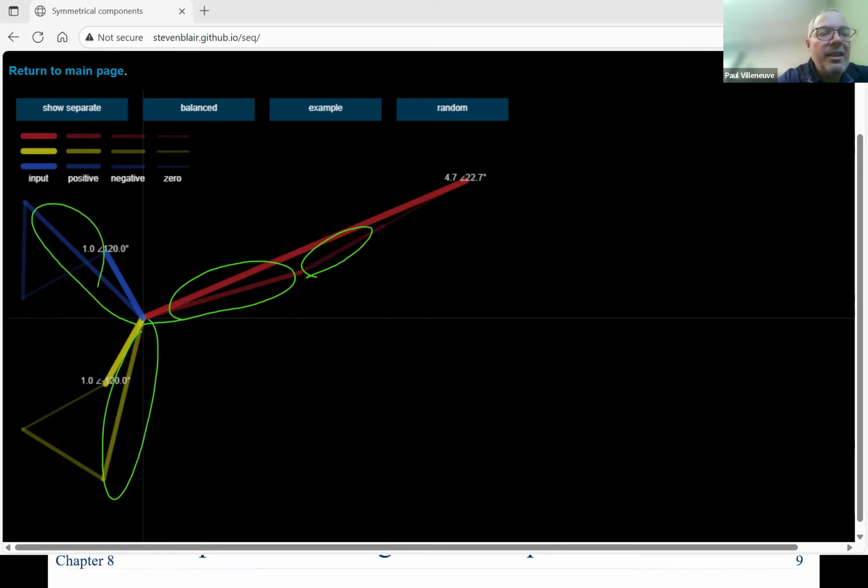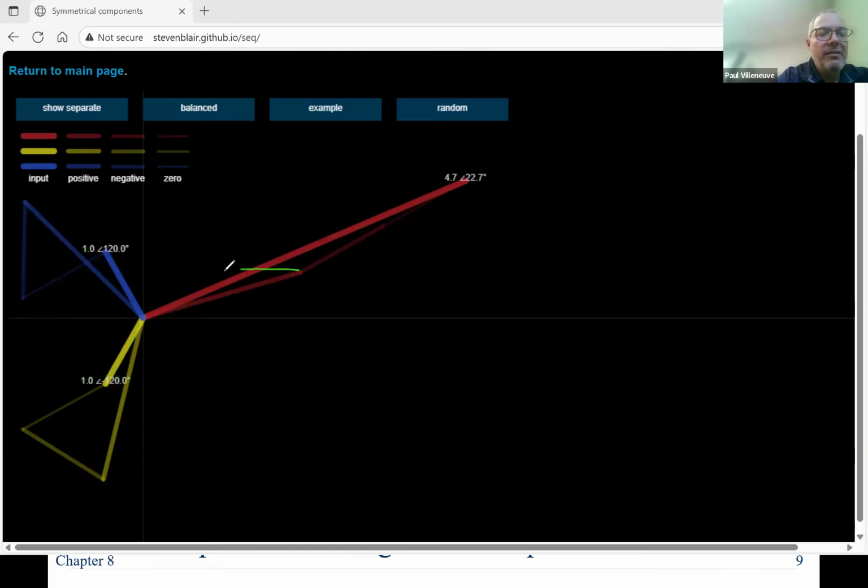So that should be here, and here, and then the 0 sequence is this one. It's kind of hard to see. I'd have to drag it out of the way a little bit. Let me show you one more time. Sorry, getting the order of these is kind of important.